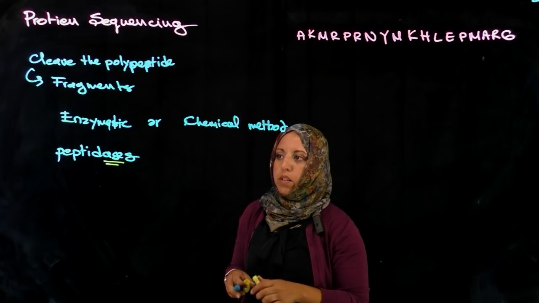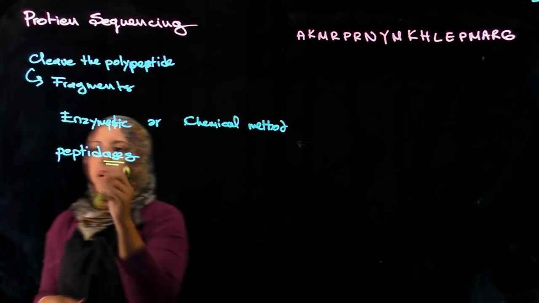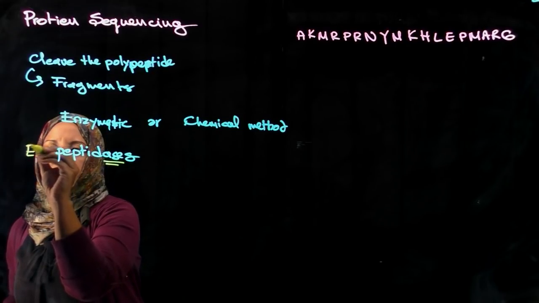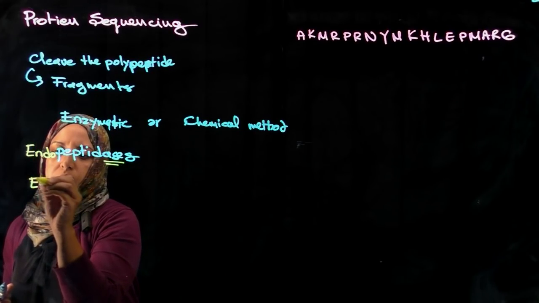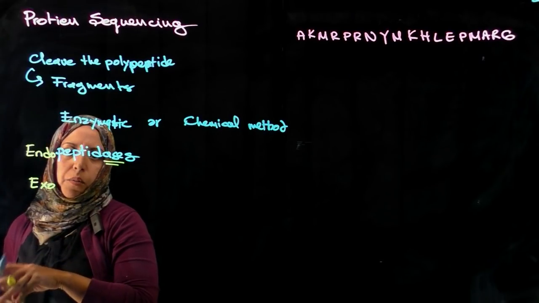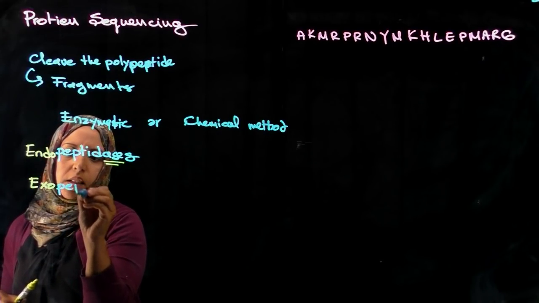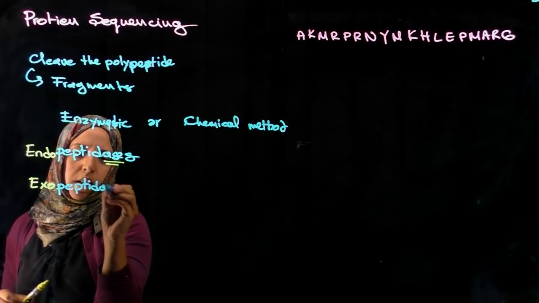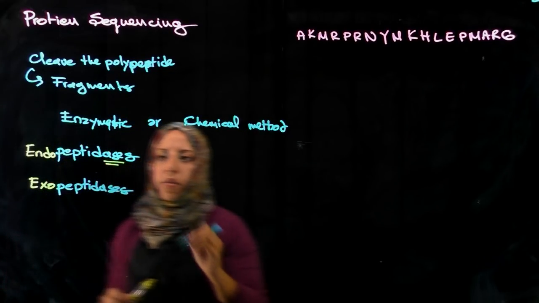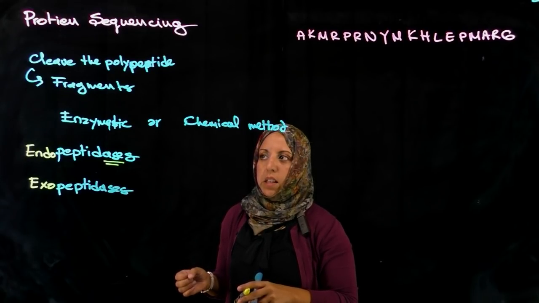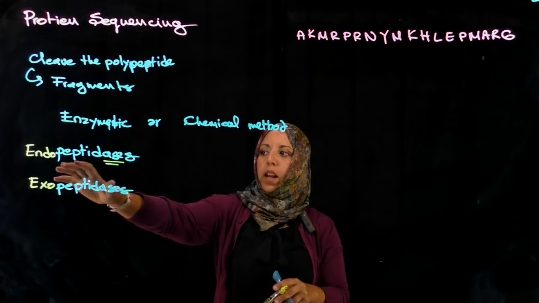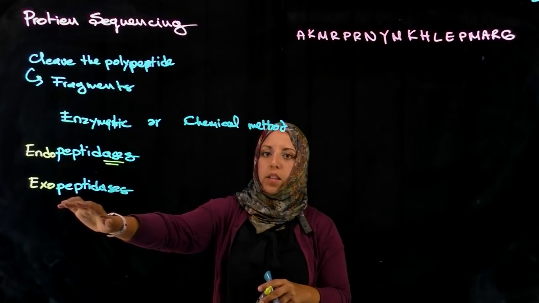There are two different types of peptidases, one known as endopeptidases and another known as exopeptidases, right? Now, what's the difference between endo and exopeptidases? What exactly is happening when we use an endopeptidase or an exopeptidase?